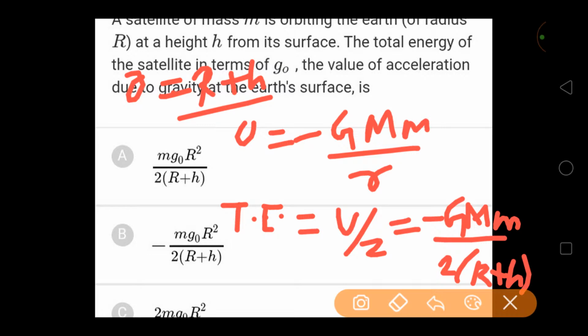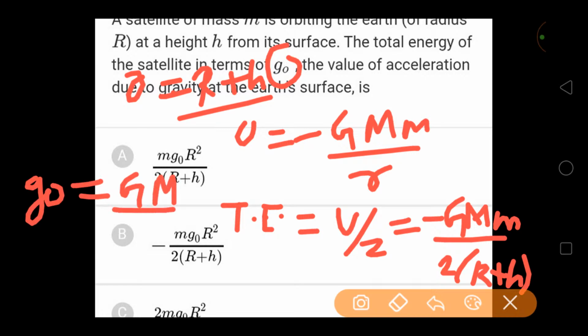But we need the answer in terms of g naught. What is g naught? g naught is equal to G M by capital R square. This is at the surface. So G M is there. So multiply and divide by R square.